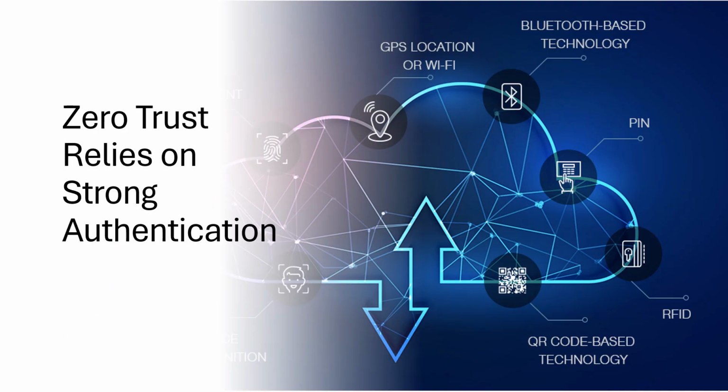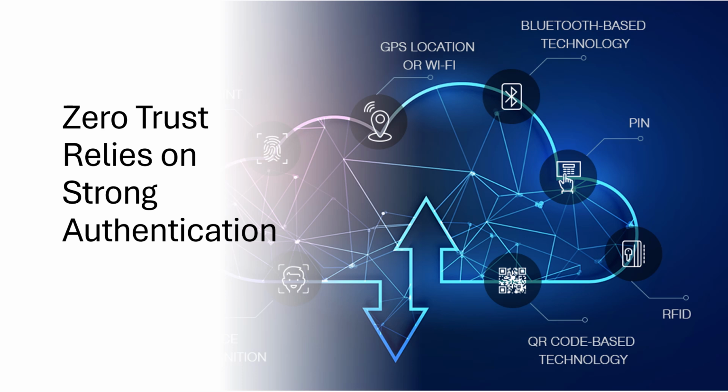Zero Trust relies on strong authentication. By integrating strong authentication measures, a zero trust approach effectively reduces the attack surface, limits the potential impact of breaches, and enhances overall security posture by ensuring that only authenticated and authorized entities can access network resources.